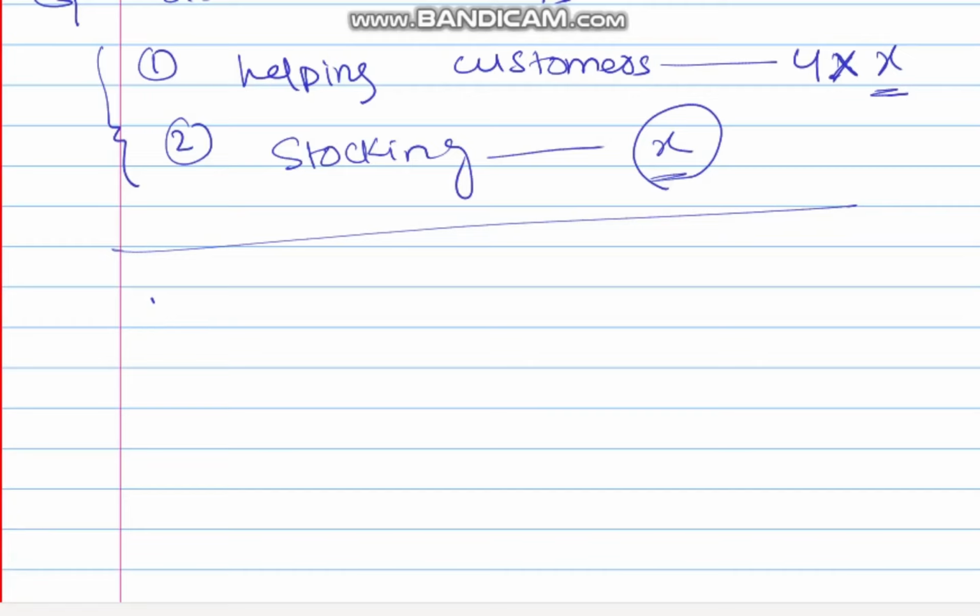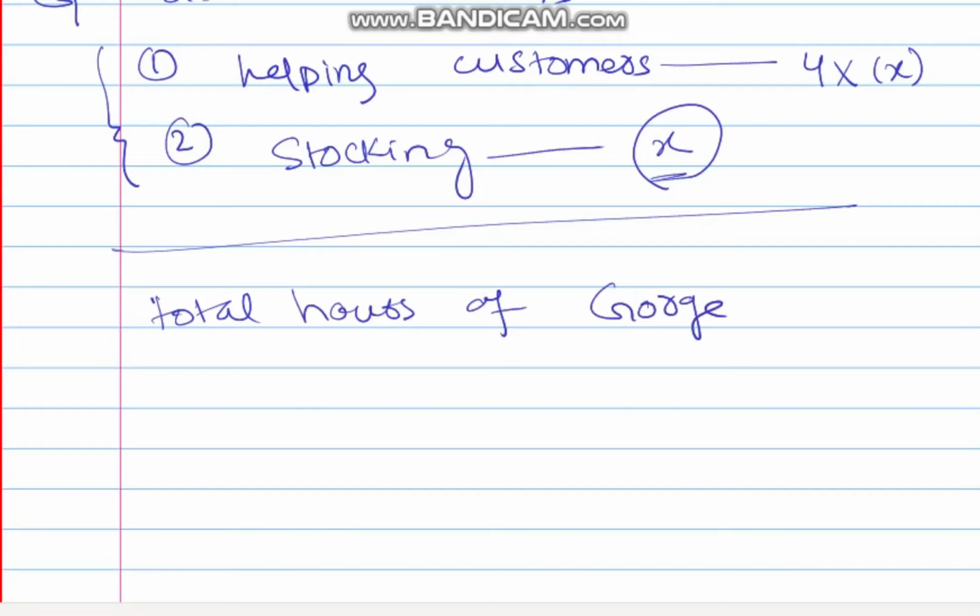I will write it like this: 4 multiplied by x. Now, total hours of George's work is how many? Basically 40. Let me check the hours.